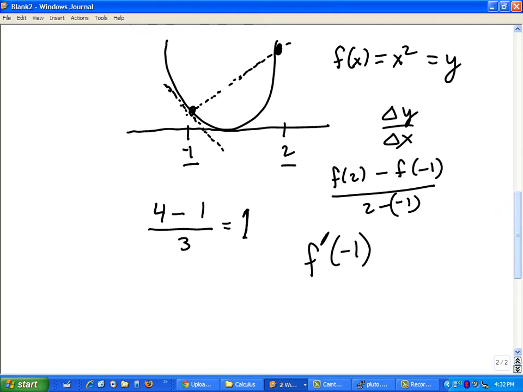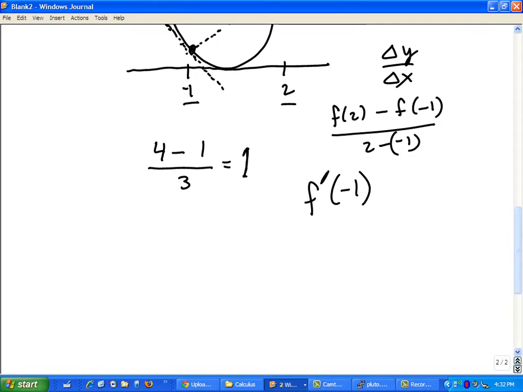So the definition tells us that this idea, f prime of -1, is a limit. And now we have a choice. We get to decide whether we want to have x sliding into -1 or whether we want to have an h going to 0. I'm going to choose to have x slide into -1. So the definition of derivative, the derivative of f at -1 (did I say 1?